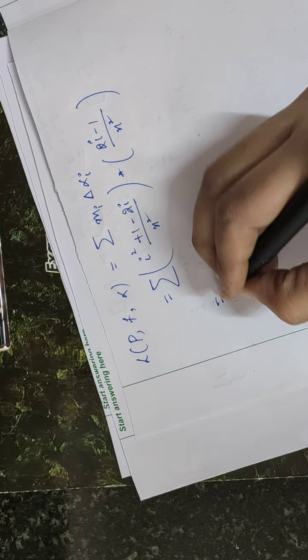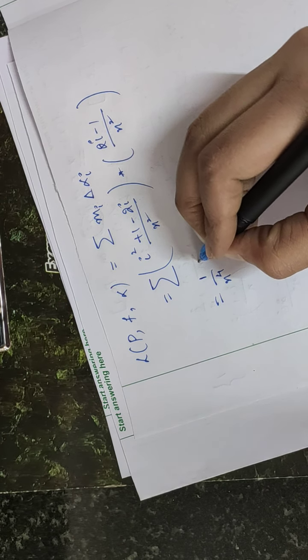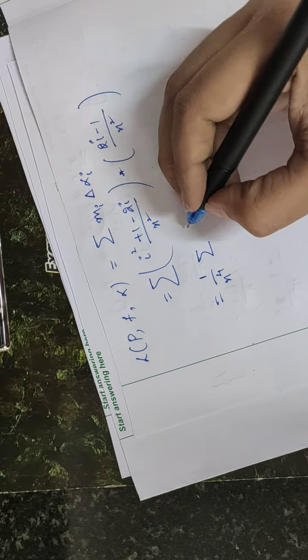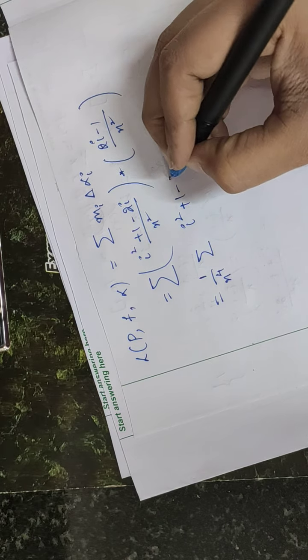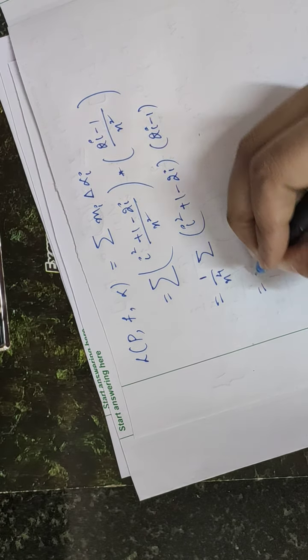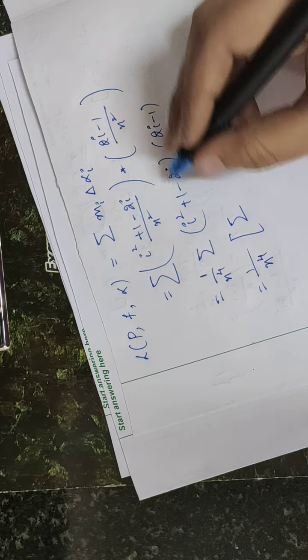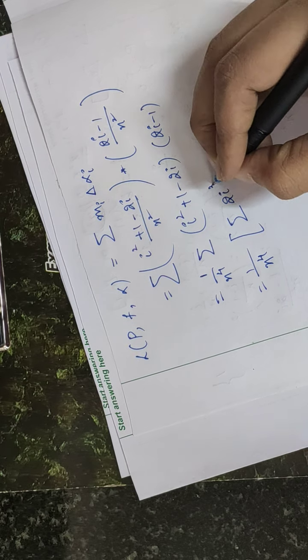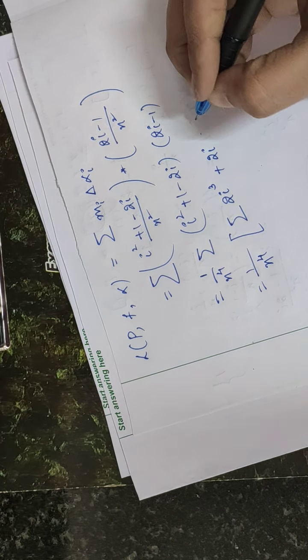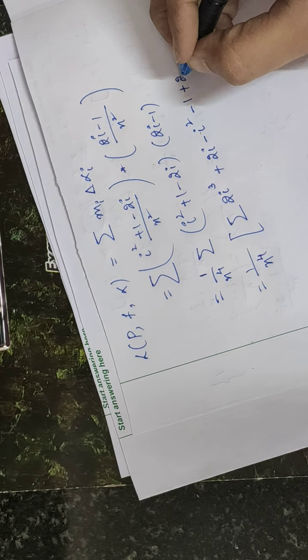Solve this, you will get 1 over n power 4 into the summation of (i square plus 1 minus 2i) into (2i minus 1). This is nothing but 1 over n power 4 into the summation. If you multiply these two things, you will get 2i cube plus 2i minus i square minus 1 plus 2i.